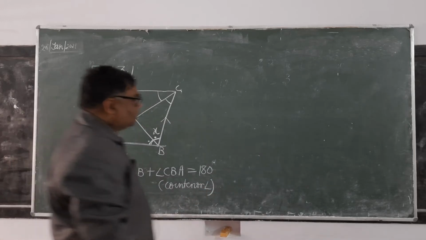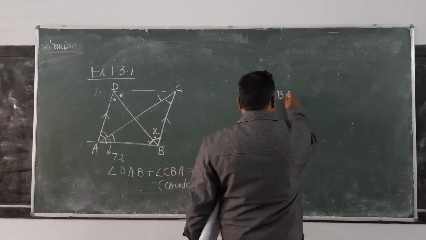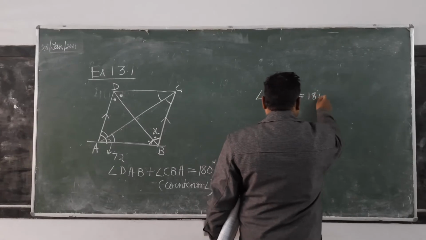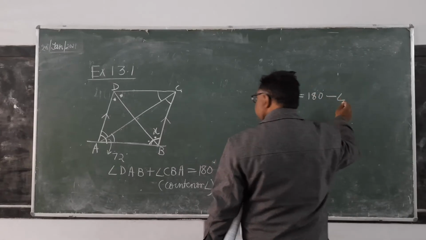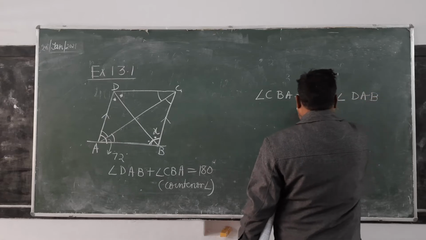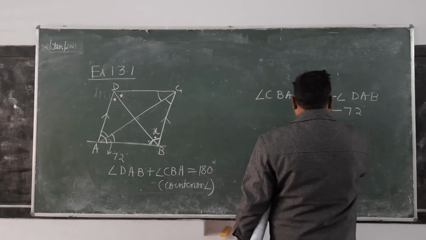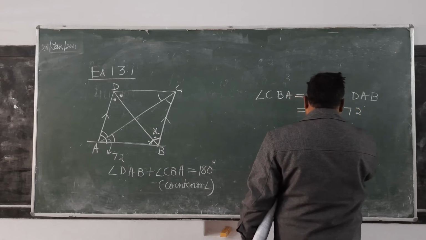Therefore, what will be angle CBA? CBA equals to 180 minus angle DAB. That is equals to 180 minus 72. That is 108 degree.